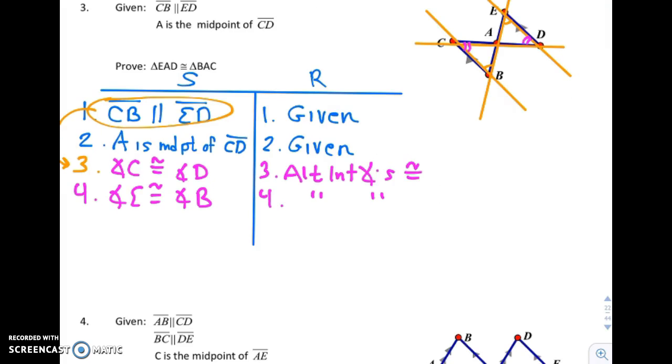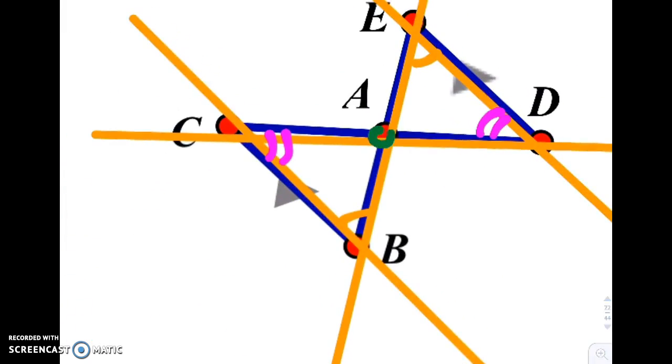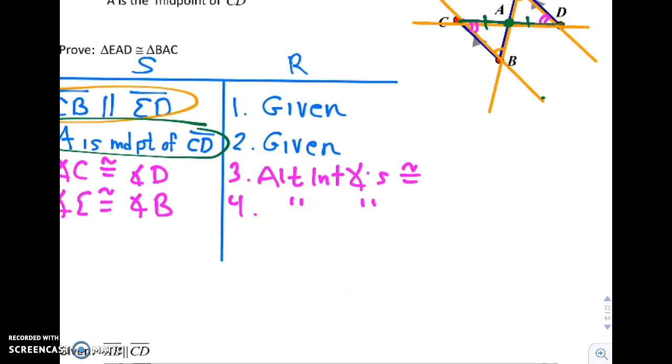Now the other piece of given information was that A was the midpoint of CD. That's going to lead to something completely different. A is the midpoint of CD and only C. It doesn't say anything about E and B. So that means that that side is congruent to that side. So CA is congruent to AD.